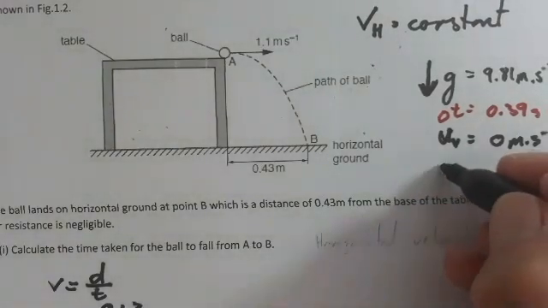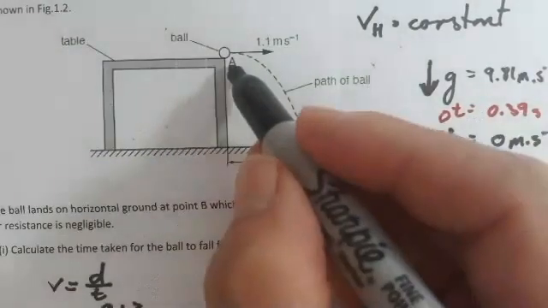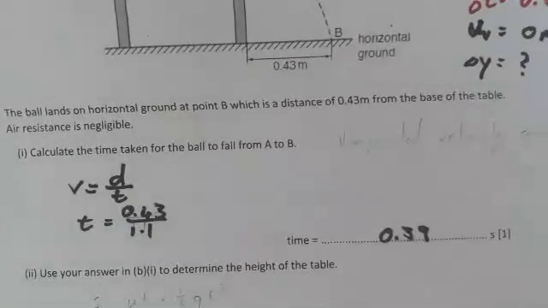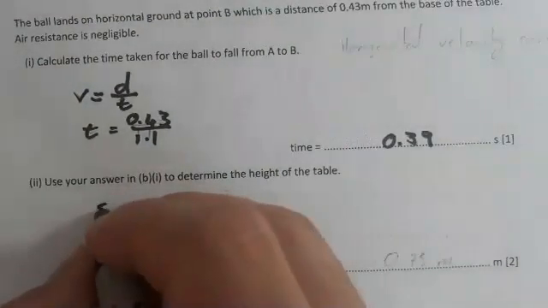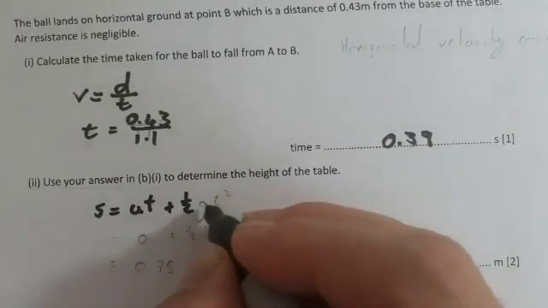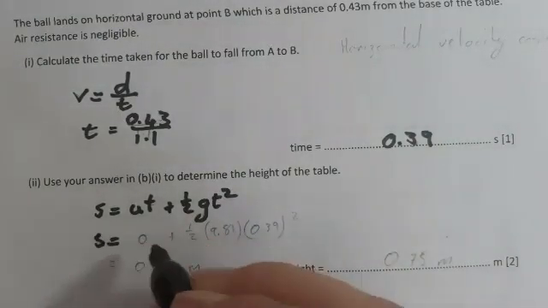I want to calculate, in essence, delta y, the displacement. So I'm going to use equations of motion. My equation of motion that I used is delta y equals ut plus a half g t squared.